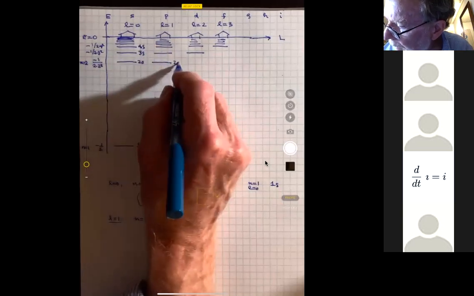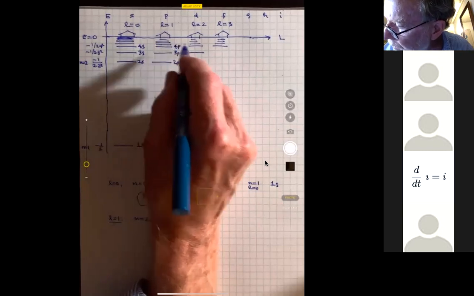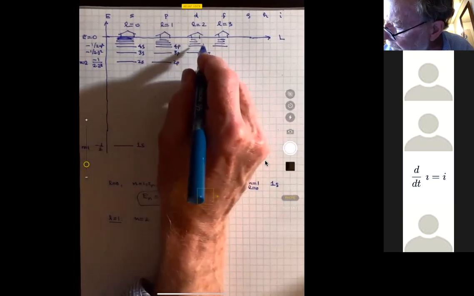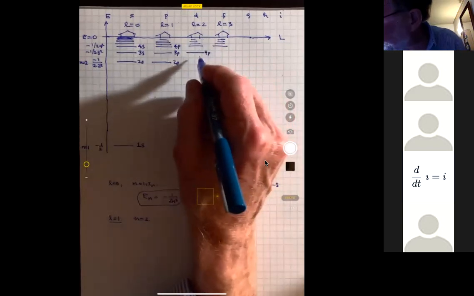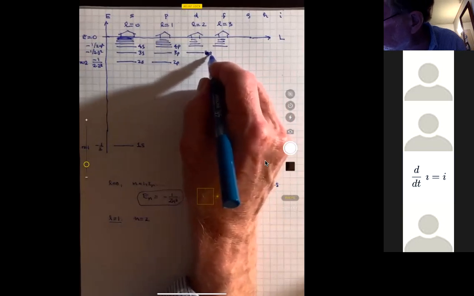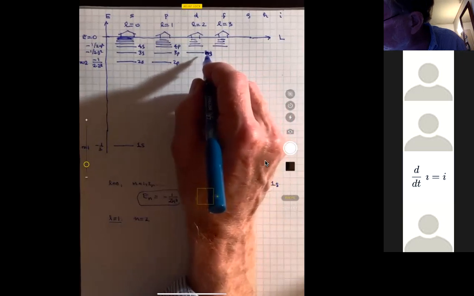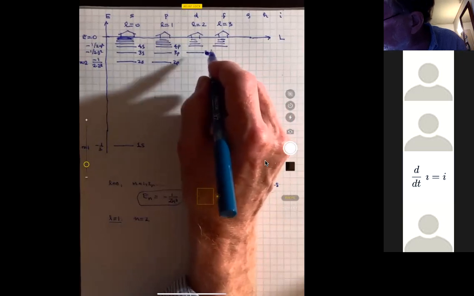This is the 2P, the 3P, and so on. Oh yeah, this is the 3D, 4D.